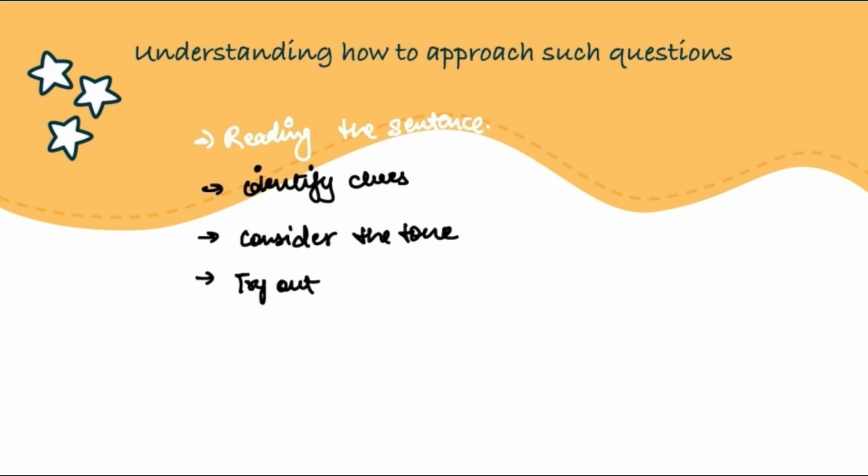A lot of the time, reading the sentence and finding out the context might help. Eliminations a lot of the time help, or obviously identifying clues helps a lot. However, this is not something that you can apply blindly to each and every question. Each and every question is different and requires a different approach.